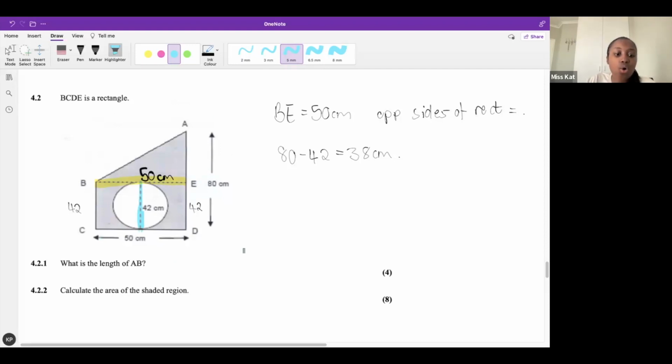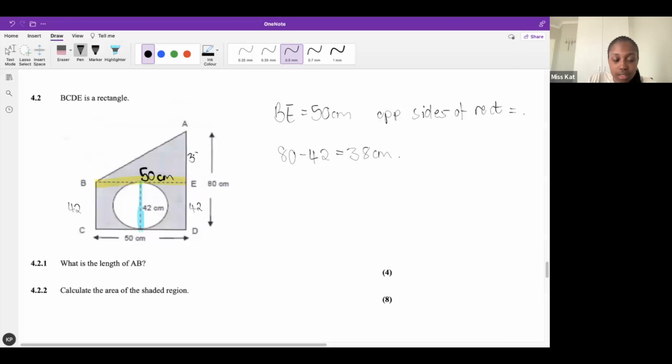And if the whole AD is 80, and this part over here, ED, is 42, that means the rest of it has to be 80 minus 42. You cannot divide it by 2 unless I tell you that ED is equal to AE, which I have not. Okay, so we cannot assume that they are exactly the same length. Nice. Now we have our two sides.